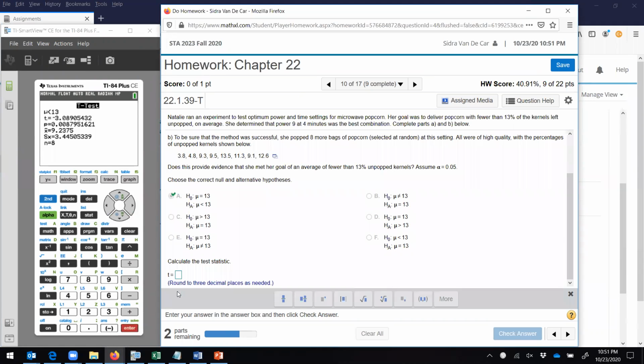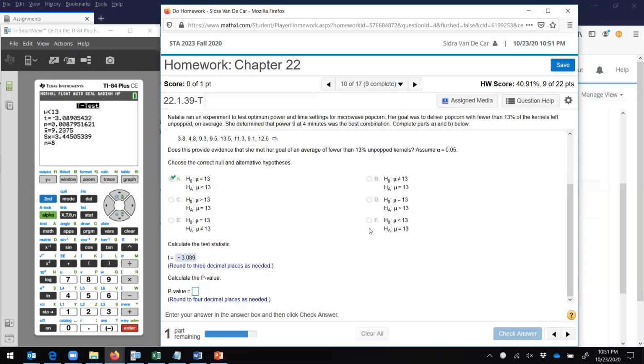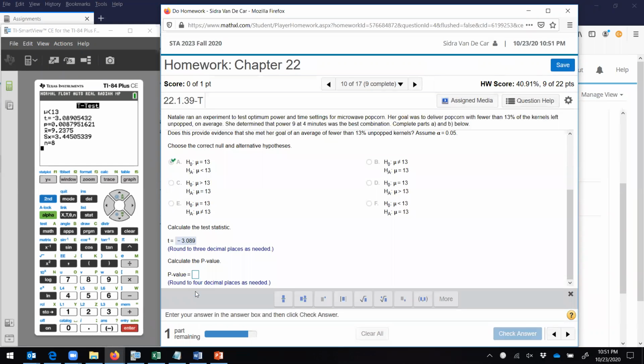Our t statistic is -3.089. Our p-value is 0.0088.